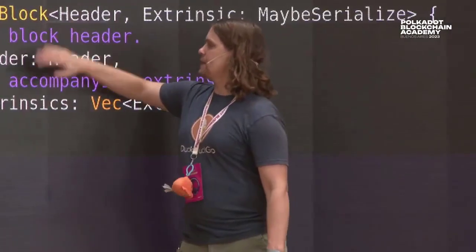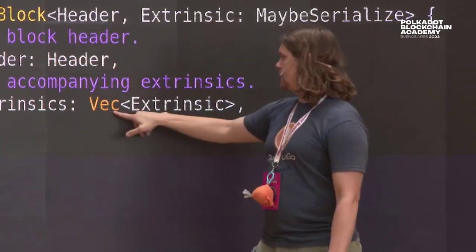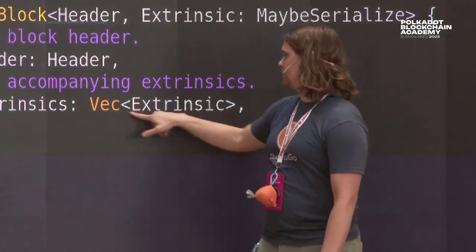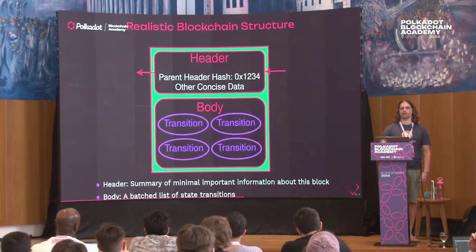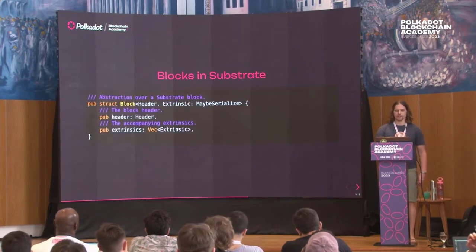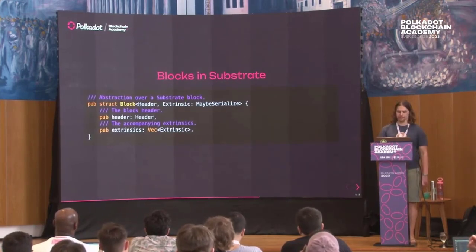So there's lots of words that mean the same thing. And then the header type. And so a block basically is a header, and then the body, and the body is a vector of extrinsics. This is basically the code way of showing the exact same thing that I'm showing pictorially in this slide. So these are two depictions of the same concept.